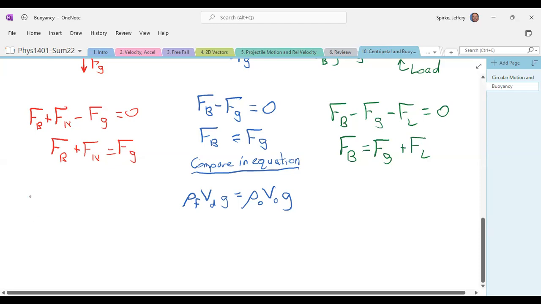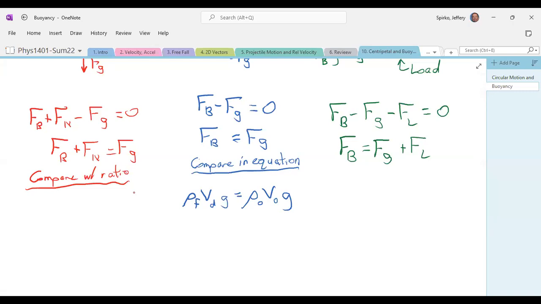Sometimes we compare numbers by dividing them. And when you take a ratio of things, that can often produce useful results. So I basically use the force balance equation to relate known information to unknown information.